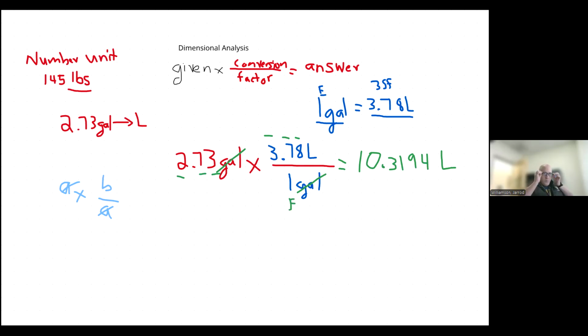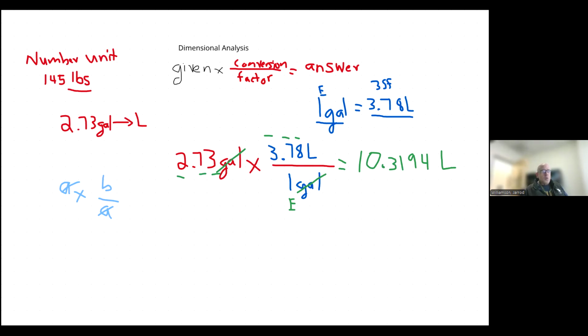Whenever they give you equivalences that you look up, and it says one something is equal to something else, that one something is always exactly 1. So I know this is exact. So this is 3 sig figs. This is 3 sig figs. My answer must be rounded to 3 sig figs.